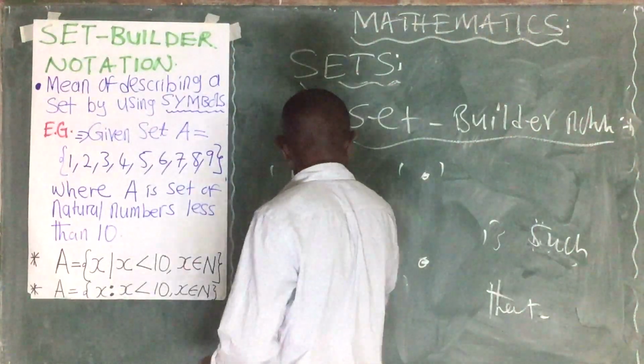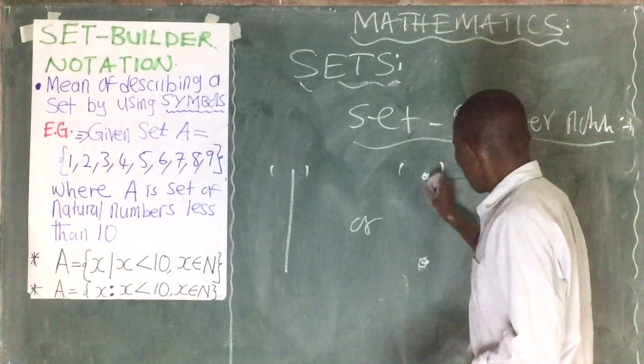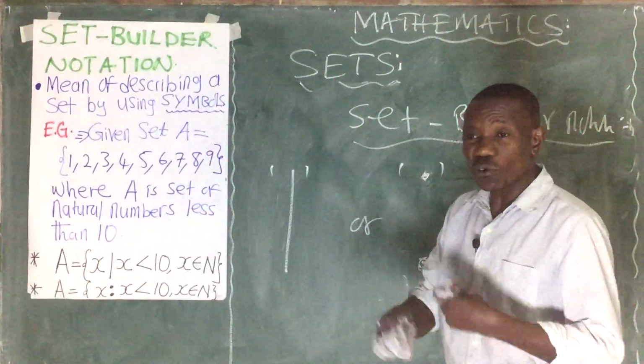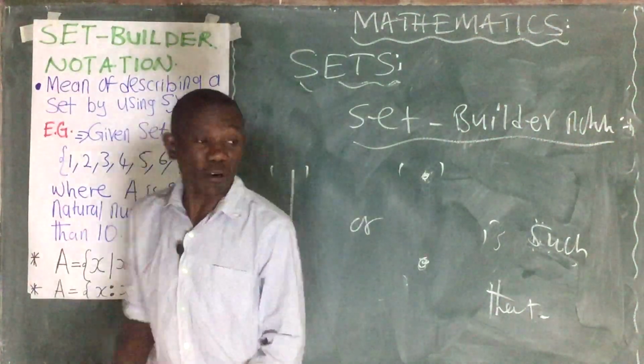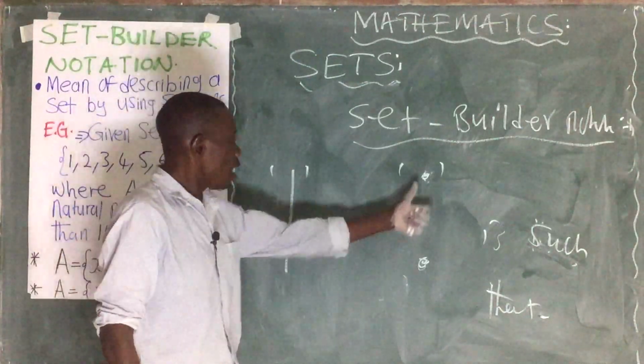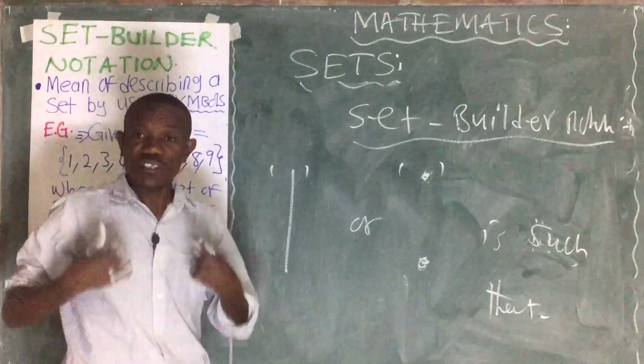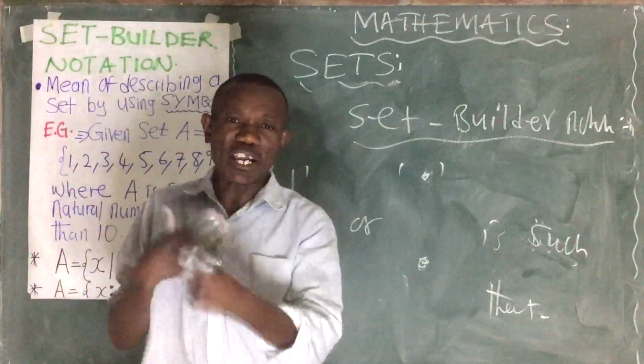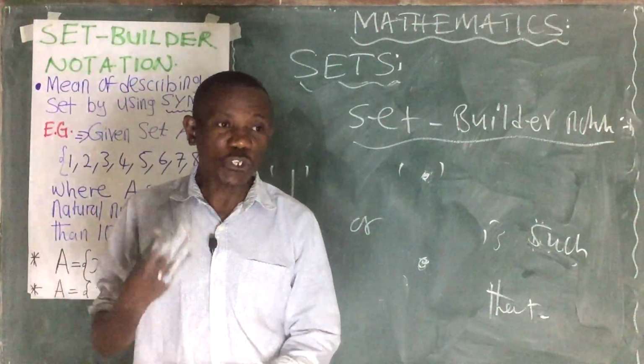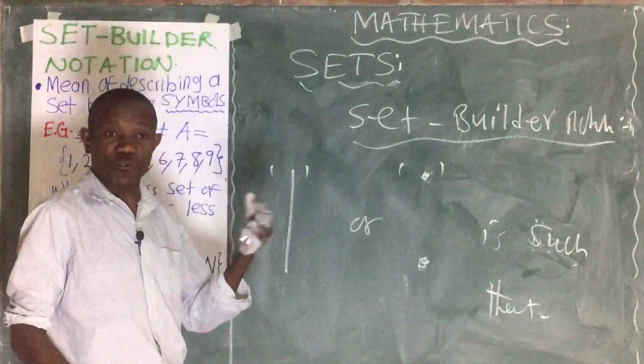But before we go into discussing how these symbols are used, let us also understand that, apart from using the symbols of this line and the colon, we also use a certain variable of our choice. You choose a variable to define the elements of the set.